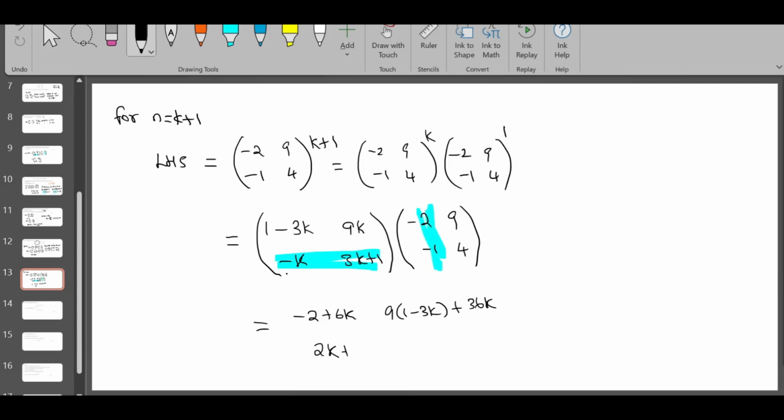K minus k times the first element, this times the second element. So it's going to be 2k minus 1 times 3k plus 1. Now multiply the second row by the second column. Minus 9k plus 4 times 3k plus 1.